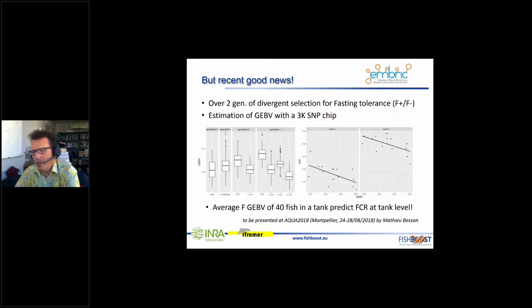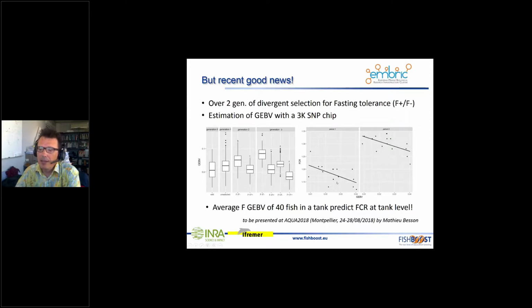But this time, we could prove that when we have tanks with mixed fish from the different origins, and we take the average genomic estimated breeding value of the tank for fasting tolerance, we have a significant link with FCR, and the F- fish are more efficient than the F+.